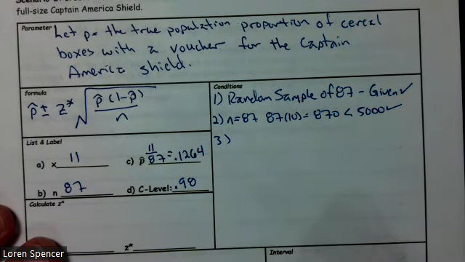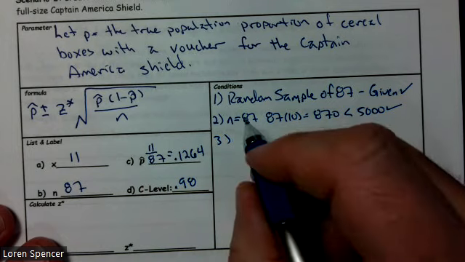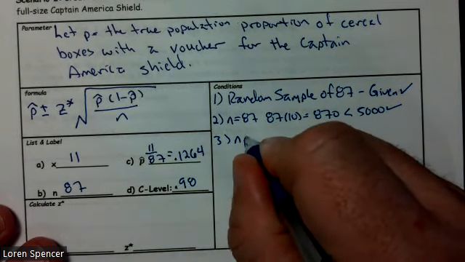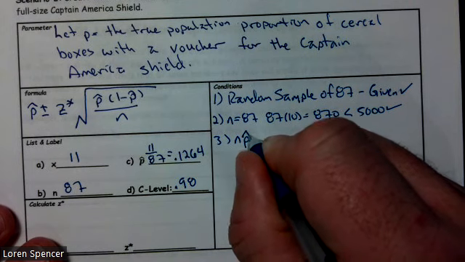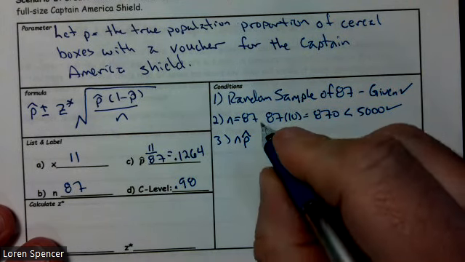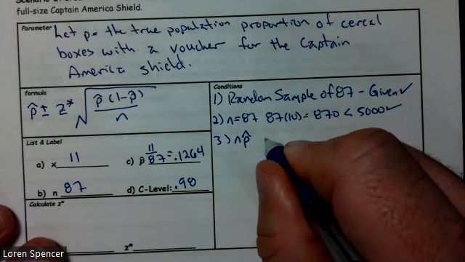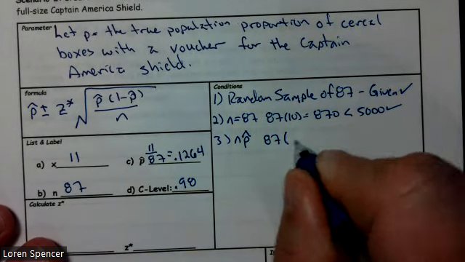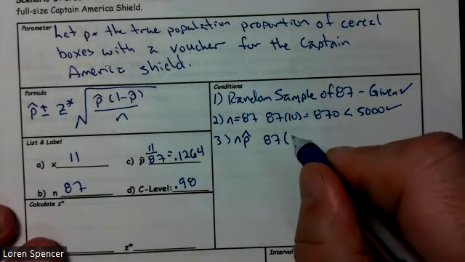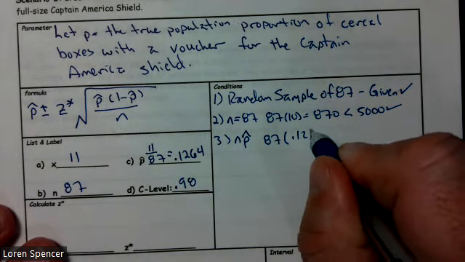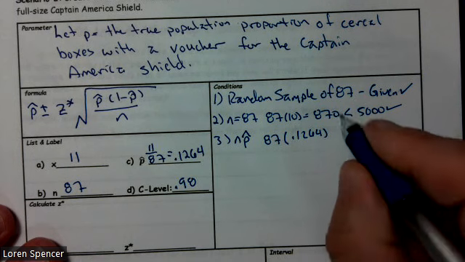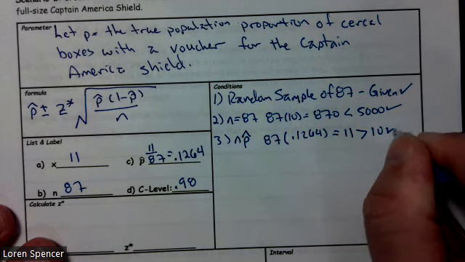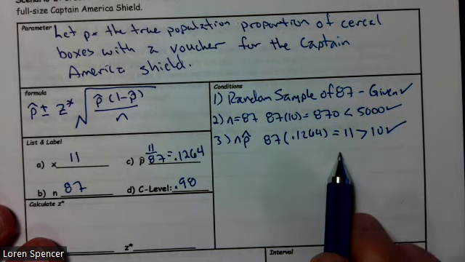The next one, we need to check for normality. Well, this is different from the hypothesis test. The hypothesis test uses np, but here it's n p hat. So in this case, we take 87 times, well, what's p hat? 0.1264. That equals 11. That's greater than 10, so we're good to go on that one.